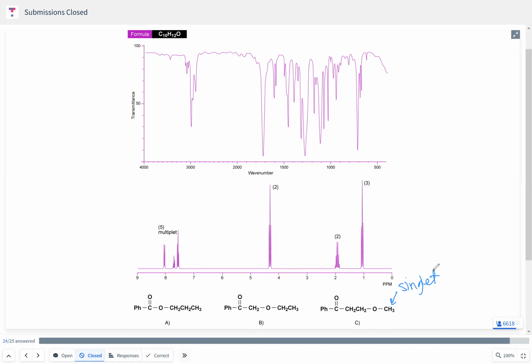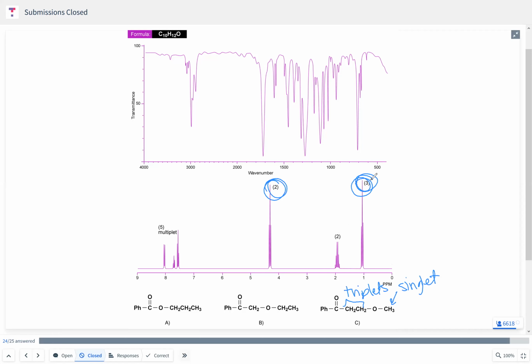Do we have any singlets in our NMR spectrum? No. Both of these are CH2 groups. They both have two neighbors. So that would be two triplets, right? Which we do have. But notice we have a triplet worth 2, and our other triplet is worth 3.